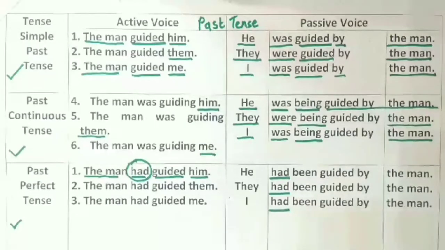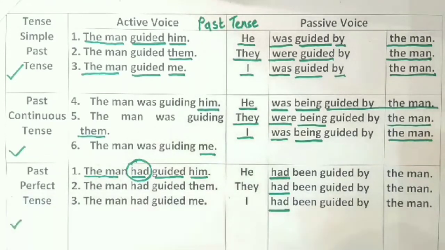But what we studied in the present perfect tense: when the passive sentence begins with a singular object, we have to use the helping verb has, and when the sentence begins with a plural object, we have to use the helping verb have.